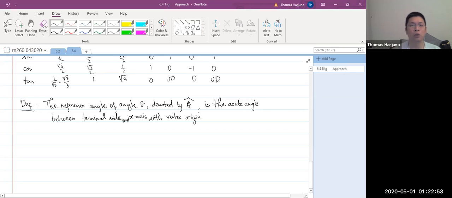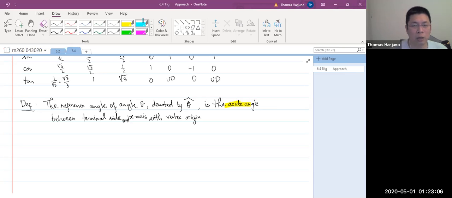Now, two keywords here. One, that the angle for a reference angle has to be an acute angle. Second, it's the angle between the terminal side and the x-axis, okay?